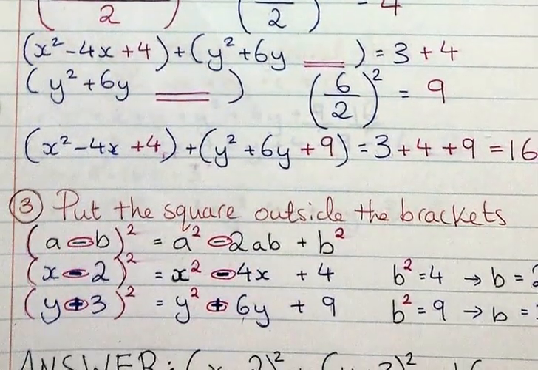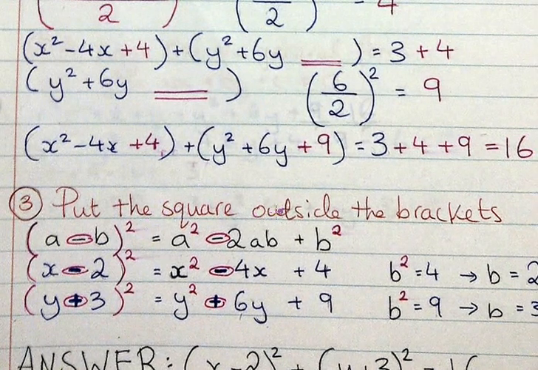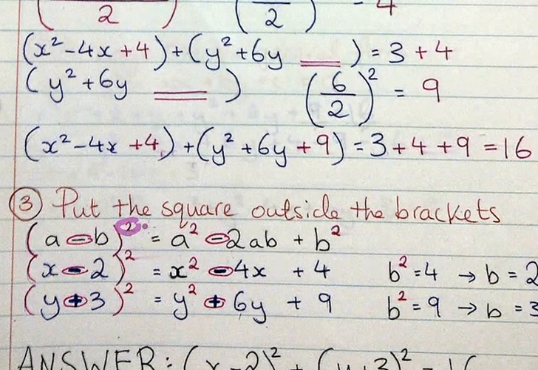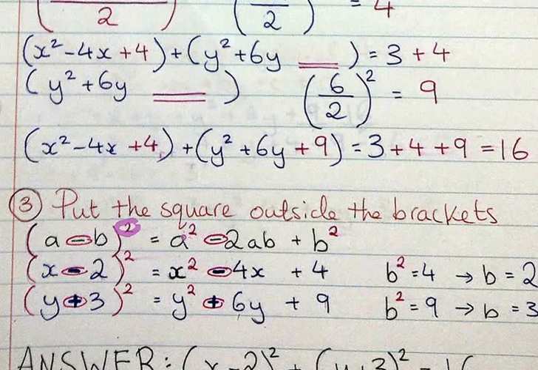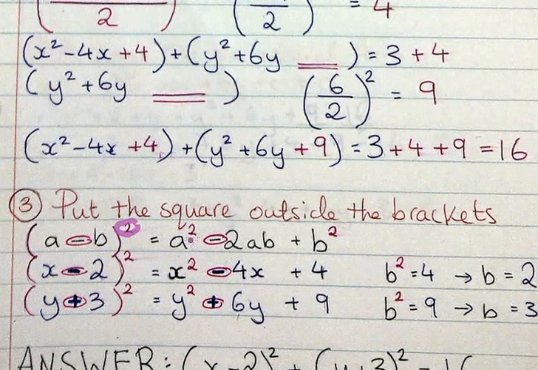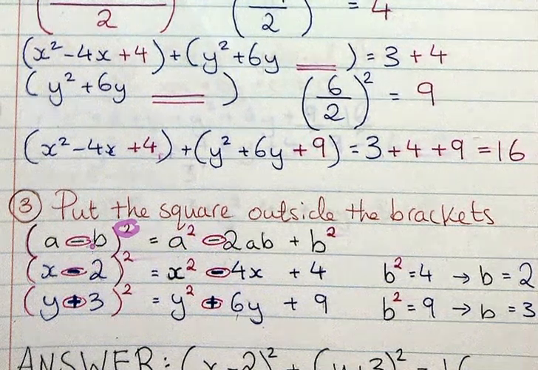The third step is we need to put the square sign outside the brackets, okay? Like right here, this is outside the brackets. Because we started off with everything already expanded. But now we want to put them back into the brackets like the way they started.